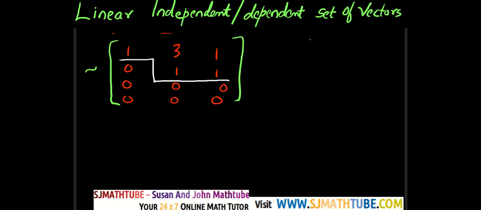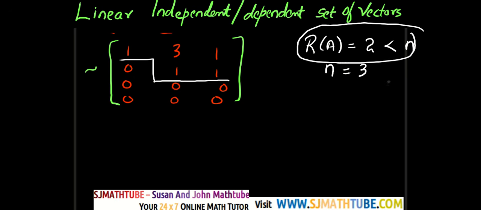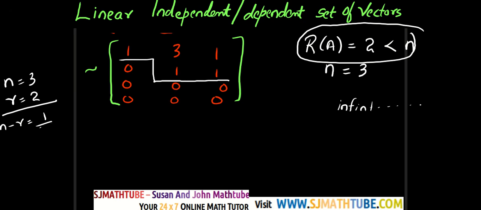Look at this. Rank of A is equal to 2, but the number of unknowns is equal to 3. So rank is less than the number of unknowns. That means we will have an infinite number of solutions. With n equal to 3 and the rank equal to 2, n minus r is 3 minus 2, which is 1.